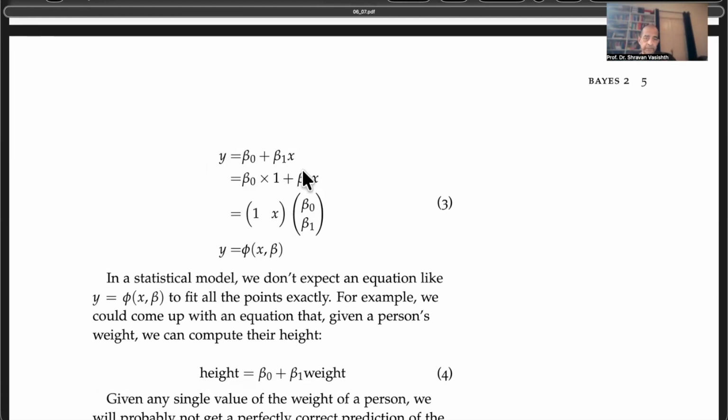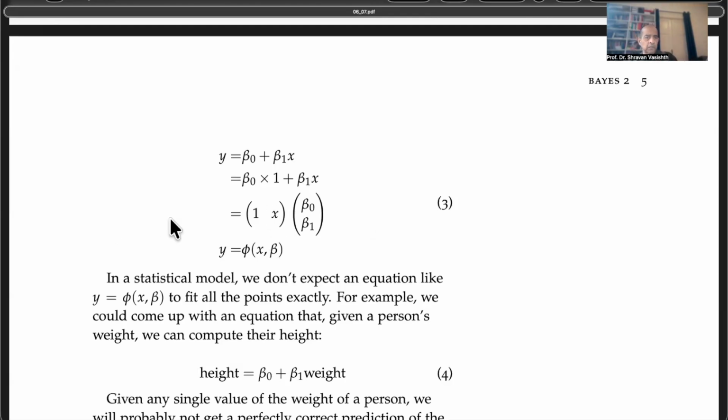And I could take beta 0 and beta 1 and make them into a column matrix, with 2 rows and 1 column. So now I've got a 1 by 2 matrix, and here I've got a 2 by 1 matrix. I assume that you know basic matrix operations. If you don't, just look it up, right?